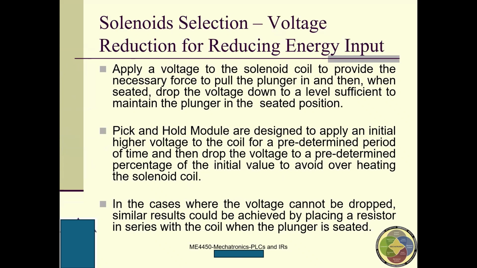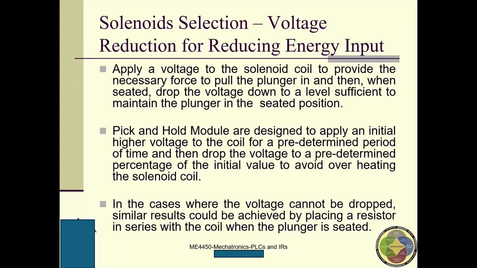Okay. First, apply a voltage to the solenoid coil to provide the necessary force to pull the plunger in, and then when seated, drop the voltage to a sufficient level. The second one: peak and hold modules are designed to apply an initial higher voltage to the coil for a predetermined period of time, and then drop the voltage to a predetermined percentage of the initial value.